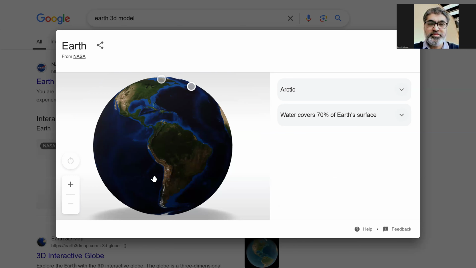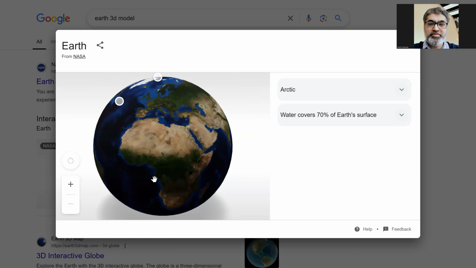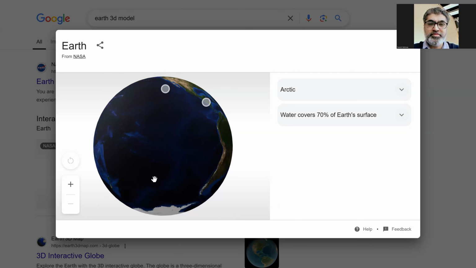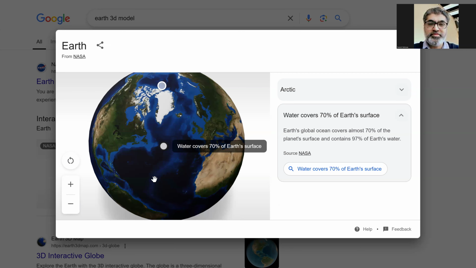Now let me do this. If I'm rotating the Earth like that, this whole circle, how long does that rotation take? What's this on top? This is the North Pole, right?